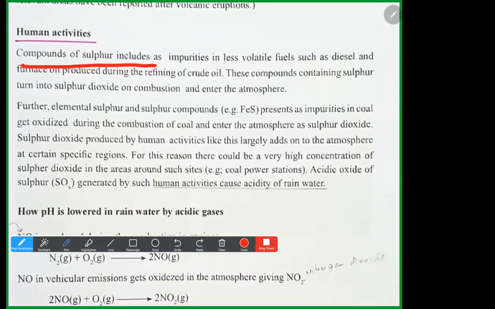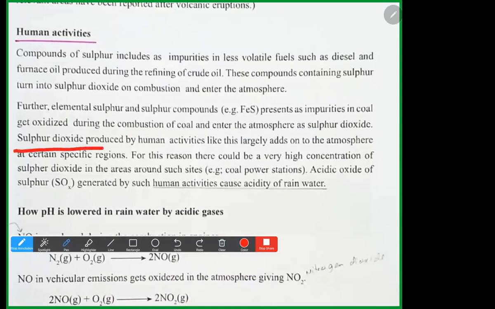Compounds of sulfur are included as impurities in less volatile fuels such as diesel and furnace oil produced during the refining of crude oil. These sulfur-containing compounds turn into sulfur dioxide on combustion and enter the atmosphere. Further, elemental sulfur and sulfur compounds such as ferrous sulfide present as impurities in coal get oxidized during the combustion of coal and enter the atmosphere as sulfur dioxide.